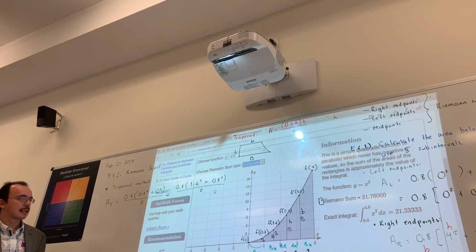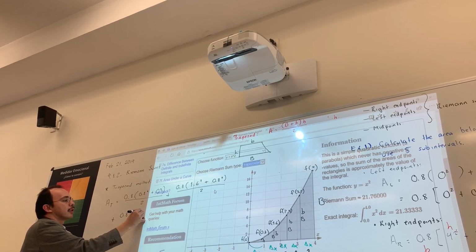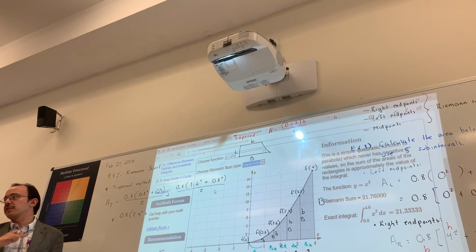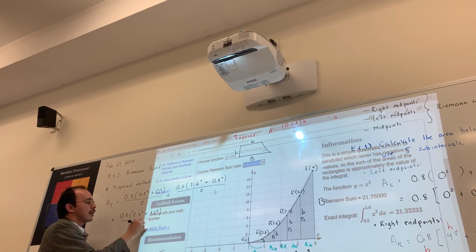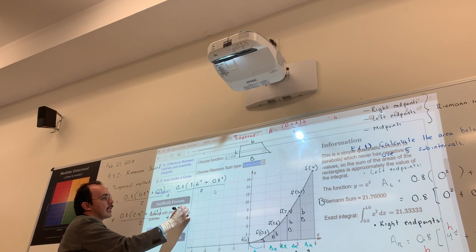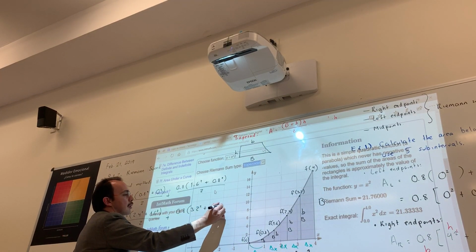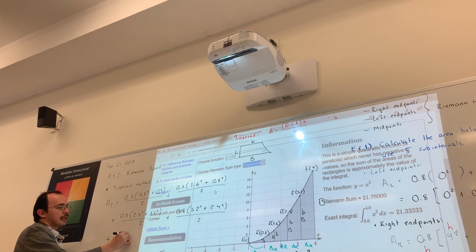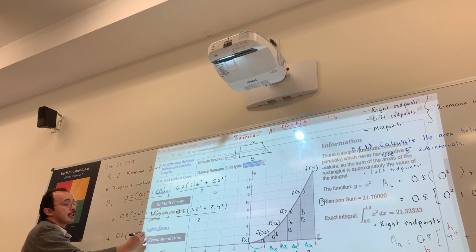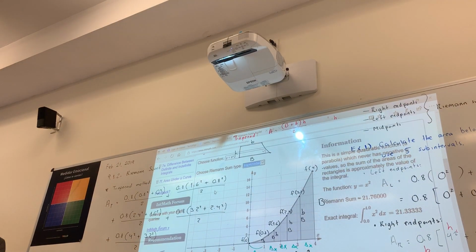Plus 0.8 times 2.4 to the square, plus 1.6 to the square, all of it over 2, plus 0.8 times 3.2 to the square, plus 2.4 to the square, over 2, plus 0.8 times 4 to the square, plus 3.2 to the square, over 2. Okay? That would be the area of each trapezoid.